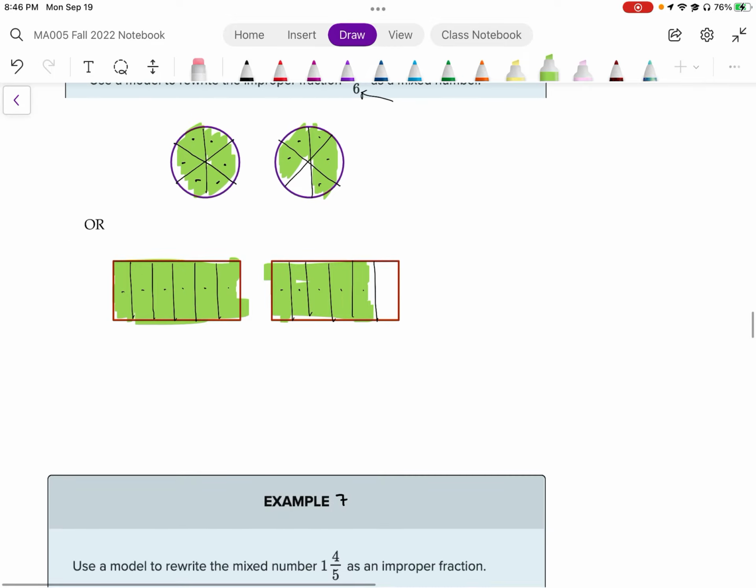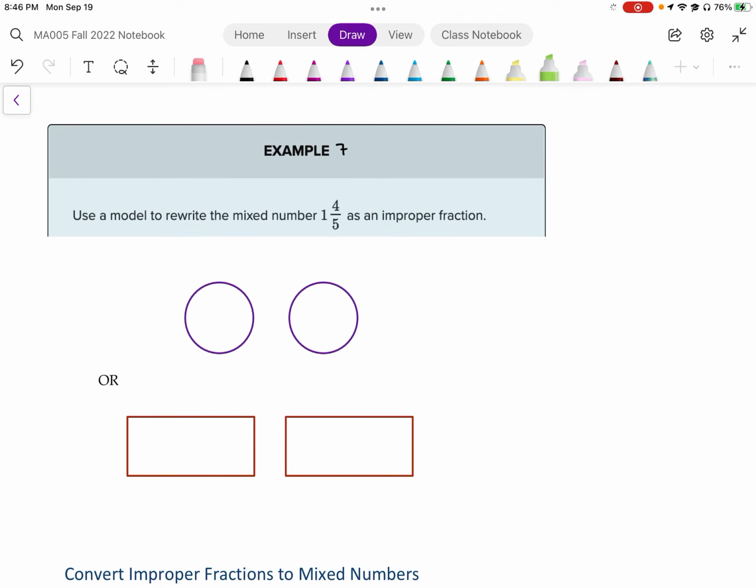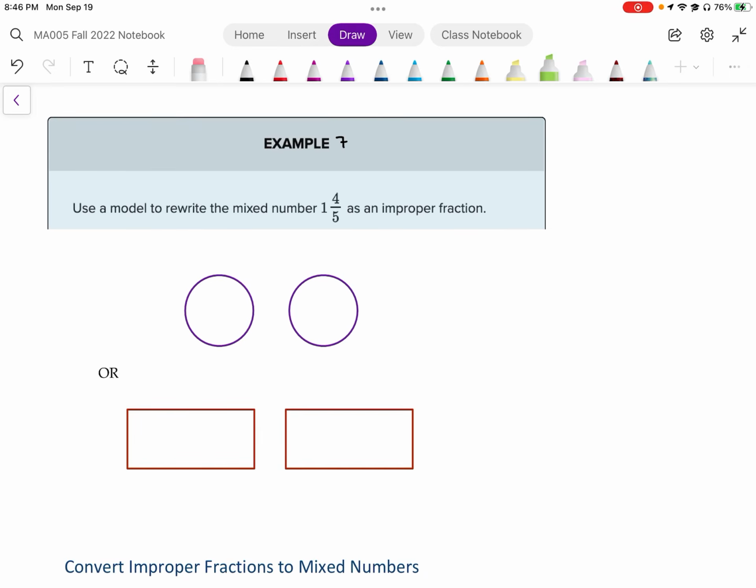All right, example 7. So this is going from a mixed number to a model. So go ahead and try that. All right, so since it's saying 1 and 4/5, I'm just going to say, okay, there's my 1. I'm not going to worry about dividing it up.